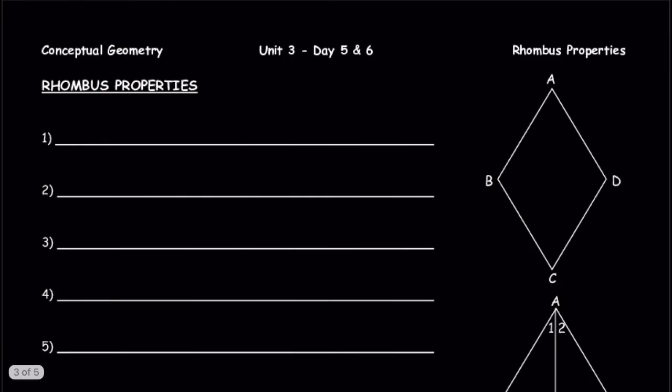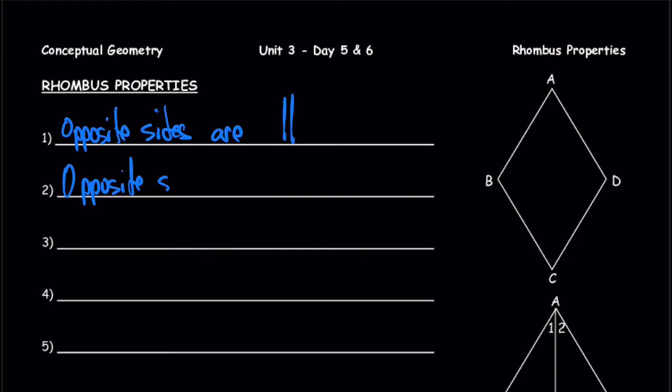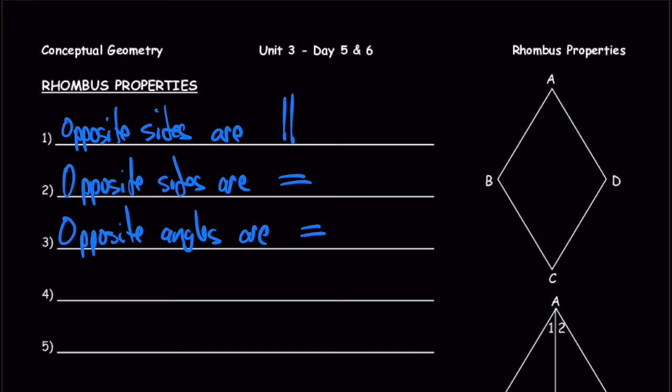Okay. Let's talk about the properties of a rhombus. Number one, opposite sides are parallel. Two, opposite sides are equal. Three, opposite angles are equal.